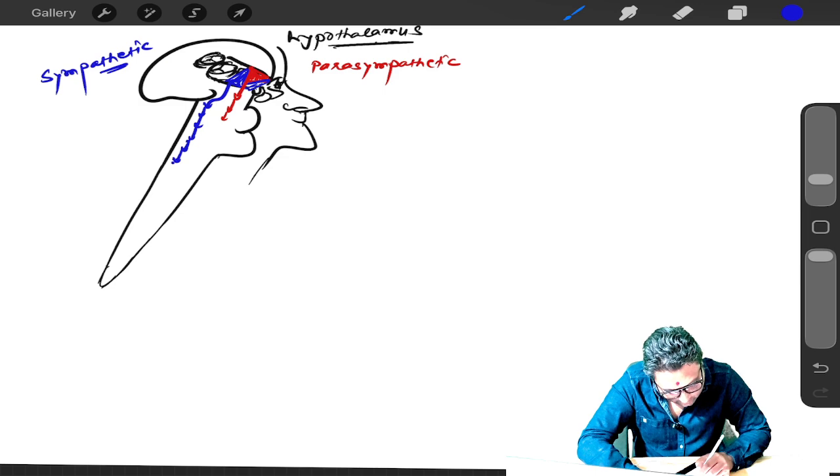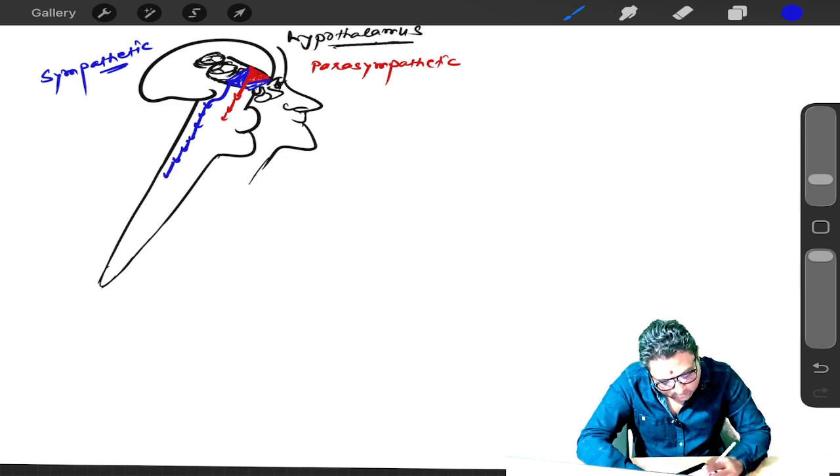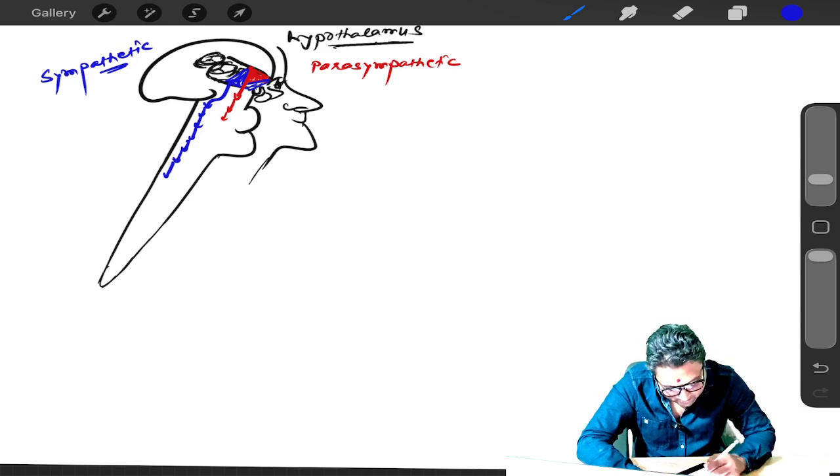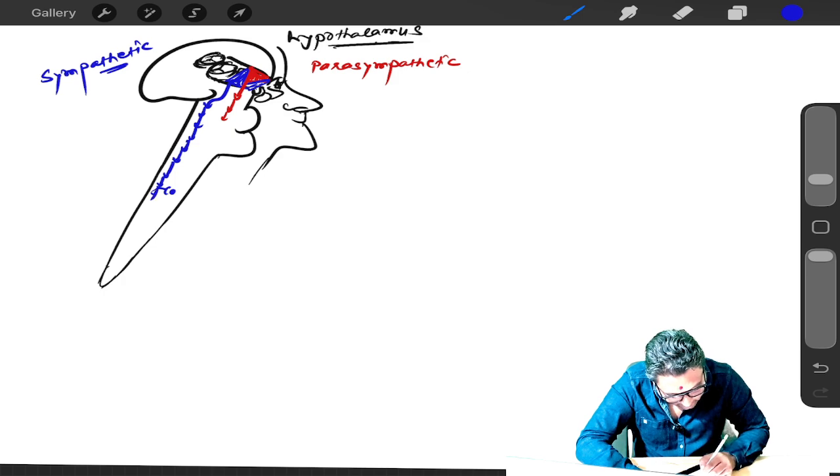These fibers descend downward, bypassing the brainstem and the cervical region, and eventually communicate at the level of the thoracolumbar region, T1 to L2 and 3.